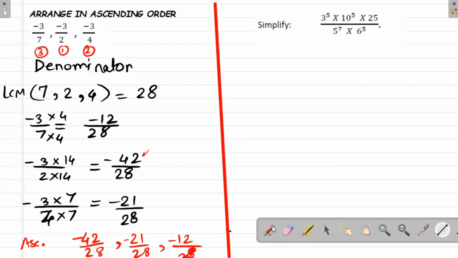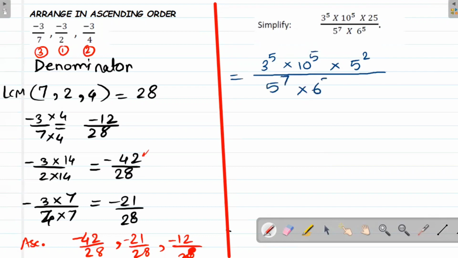Simplification question. Simplify. Here it is given 3 raised to 5. First write down the numbers. We know 25 is nothing but 5 square, divided by 5 raised to 7 multiplied by 6 raised to 5.